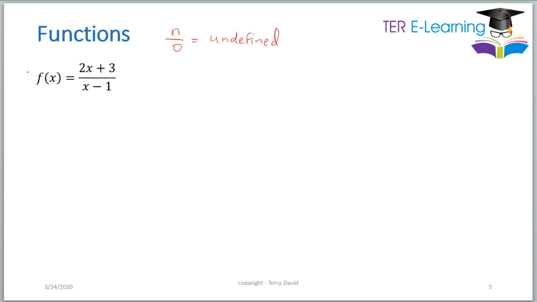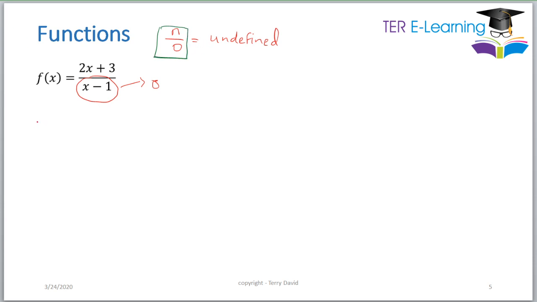So therefore, if they want to know the value of x for which the function is undefined, what I need to do, I need to take the bottom part of it and put it equal to 0 for the function to be undefined, right? Because look at this. Anything over 0 is undefined.